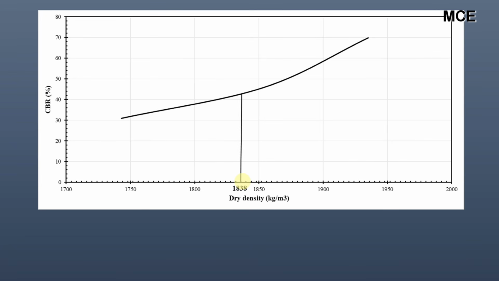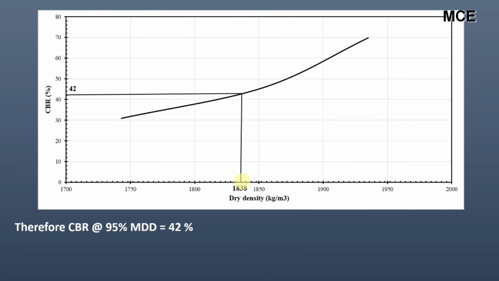From this point we will draw a vertical line which intersects the curve at some point. From that point we will draw a horizontal line which gives us the CBR value corresponding to the 95% of the maximum dry density. That is, the CBR value will be equal to 42%. Therefore, the CBR at 95% of the maximum dry density is equal to 42%.